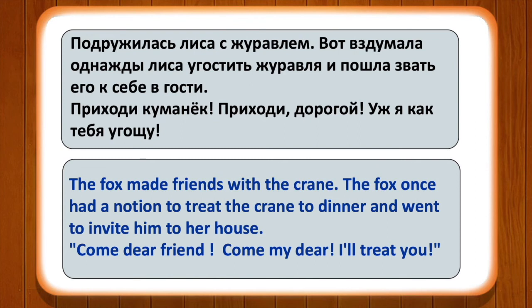Лиса угостить, to treat. Журавля is in the accusative case: угостить кого, журавля. И пошла, that means to go. Звать means to call. Его к себе в гости. So, к себе в гости is a set expression meaning to invite somebody to one's house.